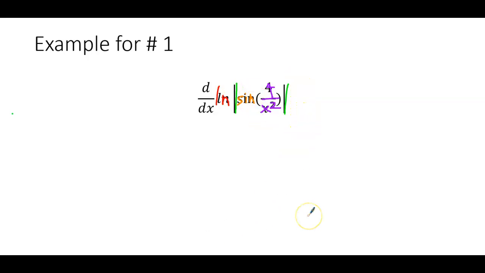When it comes to the ln, when you take the derivative of an ln, you just do 1 over whatever is inside the ln, and in this case that's this.